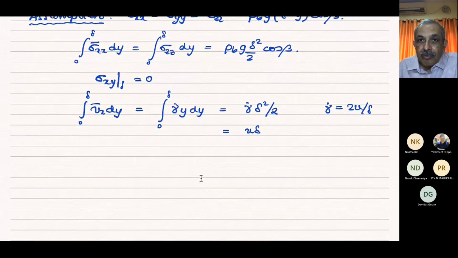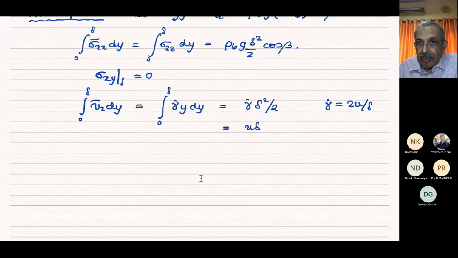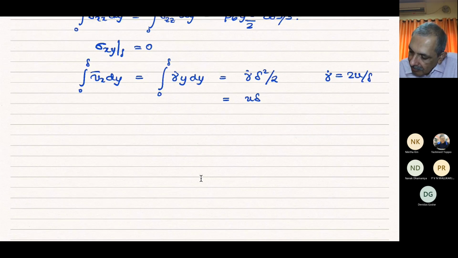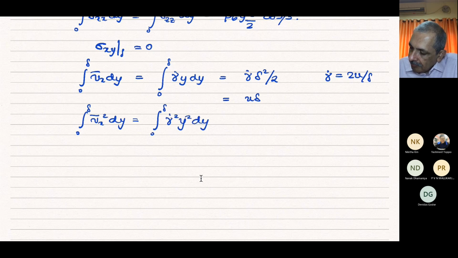Similarly, we can do this for the next term where we have Vx squared. So this we can again write as the integral from 0 to delta of gamma dot squared y squared dy, which is equal to gamma dot squared delta cubed by 3.